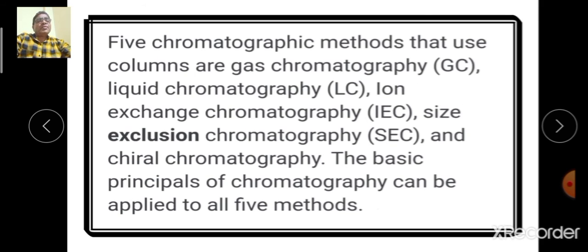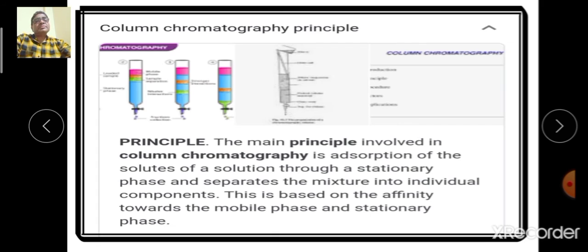Now there are 5 chromatography methods that use columns. Those are GC, that is gas chromatography, LC, that is liquid chromatography, ion exchange chromatography, size exclusion chromatography, and chiral chromatography. The basic principle of all these methods is the same. Now here the columns are shown.